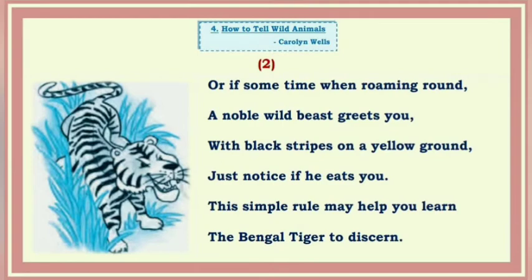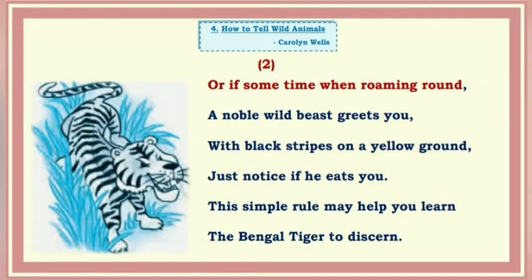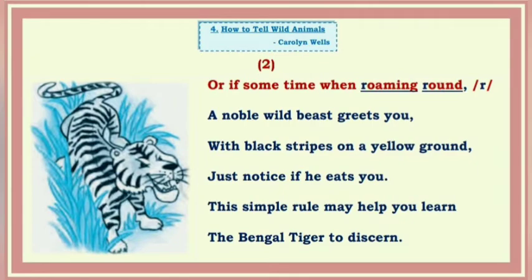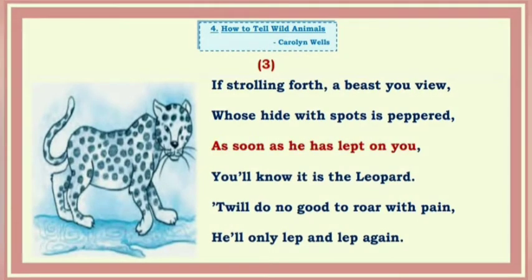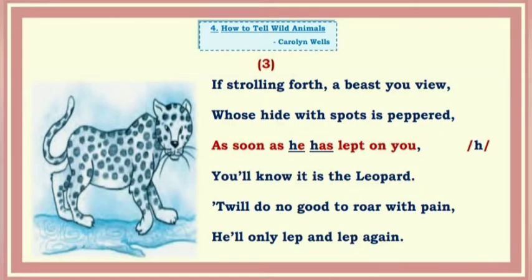First, let's have a look at this line. Or if some time when roaming round. Here the consonant sound R is repeated at the beginning of roaming and round. In the line, as soon as he has leapt on you, the sound H is repeated at the beginning of he and has.